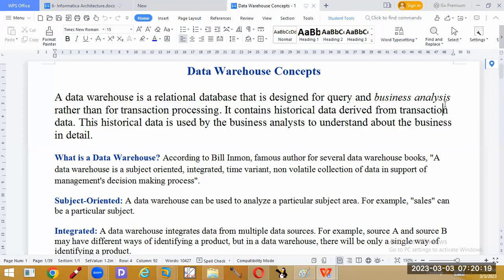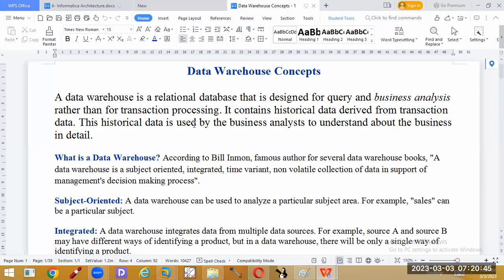That's why we design the data warehouse for a huge quantity of data. It contains the historical data, data derived from transaction data. The historical data is used by the business analyst to understand the business in detail, because we hire business analysts in our company.